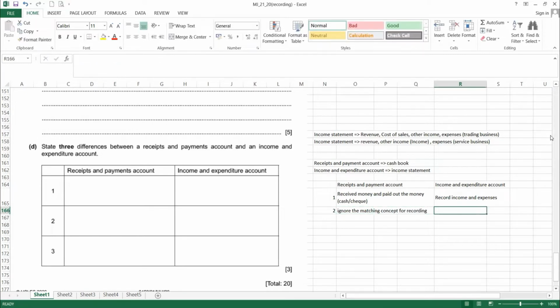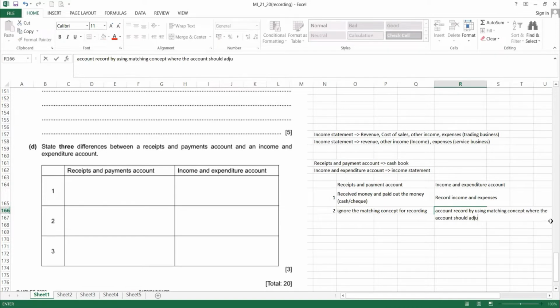But when we do the income and expenditure or income statement, we have to record by using the matching concept, where the accounts should be adjusted based on expenses incurred rather than expenses paid.